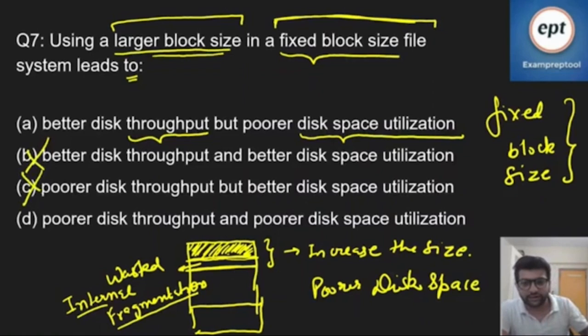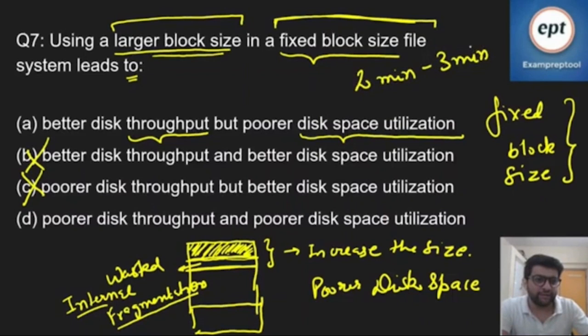This answer is not correct. Just try to reduce the number of options because you have to save time in the GATE exam, right? We want to solve the question in around 2 to 3 minutes. And we want to save some time because OS is a subject where we can see these types of theoretical problems.